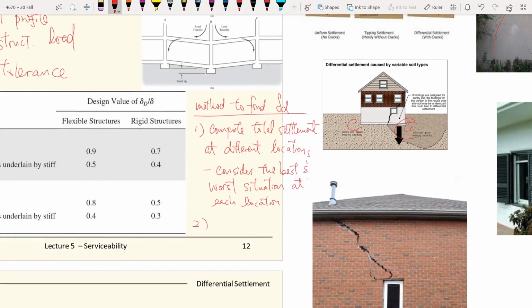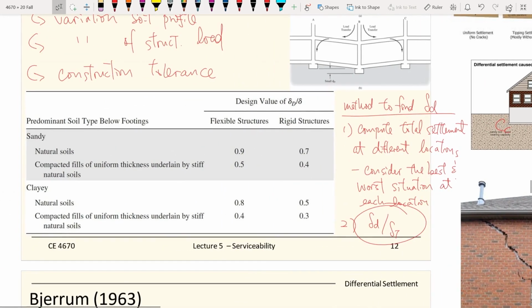The other, quicker approach is to use the differential settlement to total settlement ratio. Pretty much this is dictated by guidelines or design codes, depending on what you're designing. Some typical guidelines depend on the soil. You have sandy soils coupled with the structure, flexible versus rigid, and then you may have different design values to calculate that.